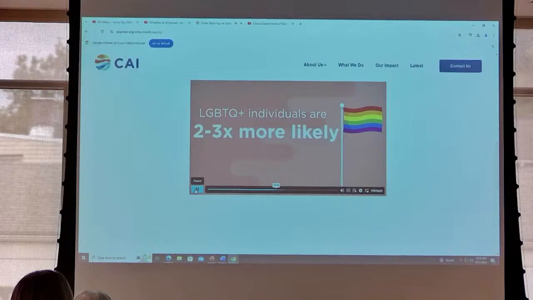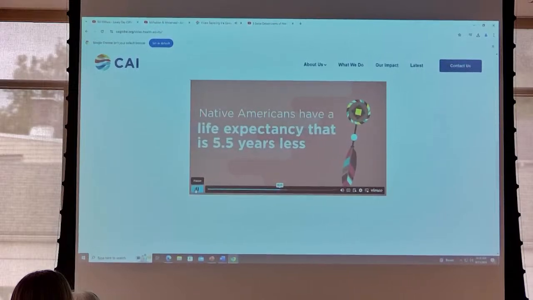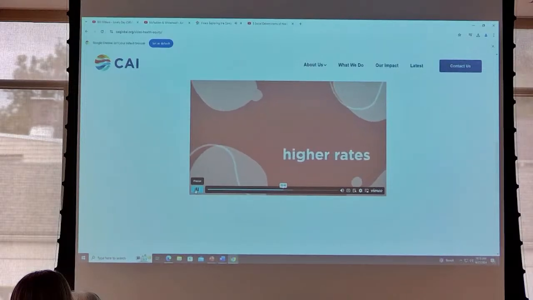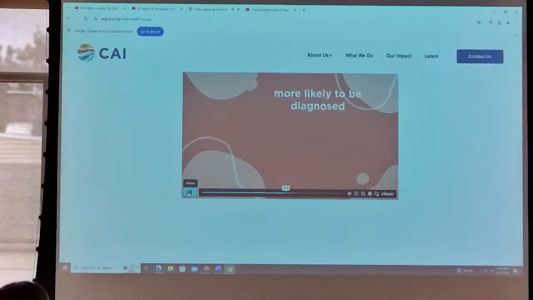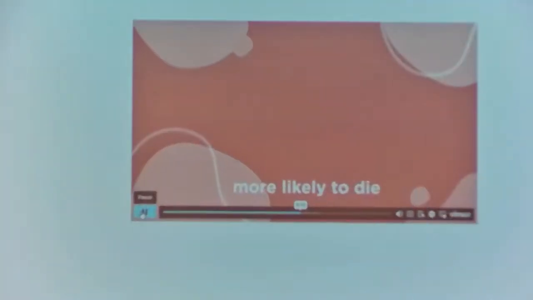LGBTQ plus individuals are 2 to 3 times more likely to experience depression and anxiety than heterosexual people. Native Americans have a life expectancy that is 5.5 years less than the general population. These statistics demonstrate just how unfair and unjust these health inequities are. They are also avoidable because we can do something to reduce and even eliminate poor health outcomes.